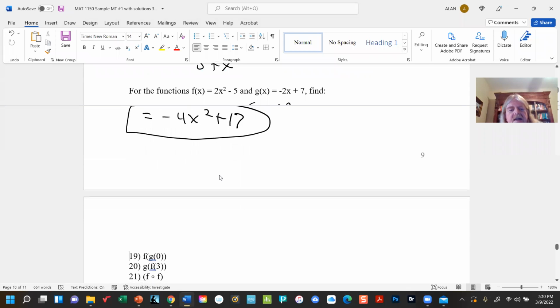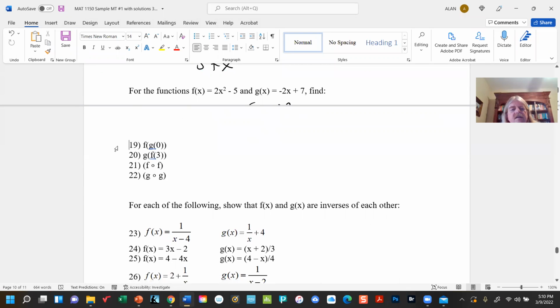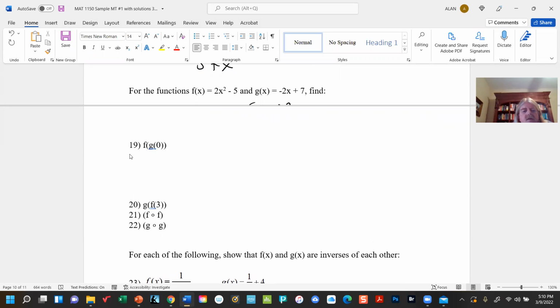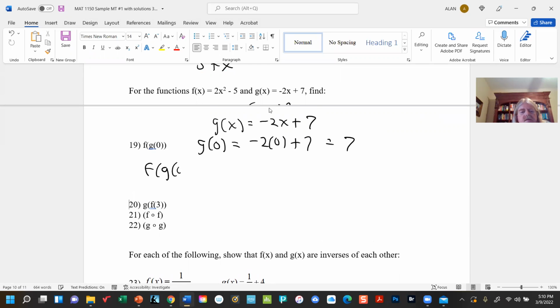All right, what's next? F of g of 0. Okay, so these are a little bit simpler because you can reduce one of these to a constant. So why don't we do this? G of 0, since g of x is minus 2x plus 7, g of 0 would therefore be minus 2 times 0 plus 7, which is 7. So this is equal to f of 7.